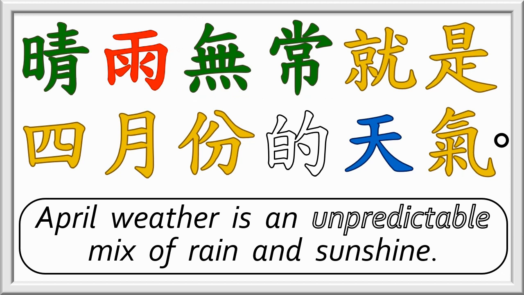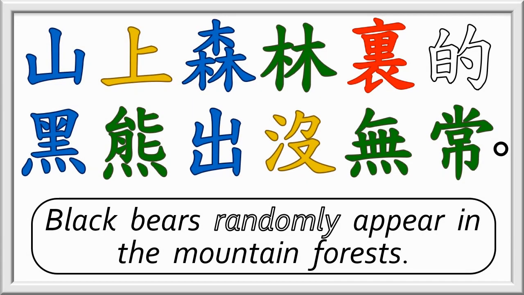The phrase 无常 would then mean unpredictable or random. 晴雨无常就是4月份的天气。April weather is an unpredictable mix of rain and sunshine. 山上森林里的黑熊出没无常。Black bears randomly appear in the mountain forests.